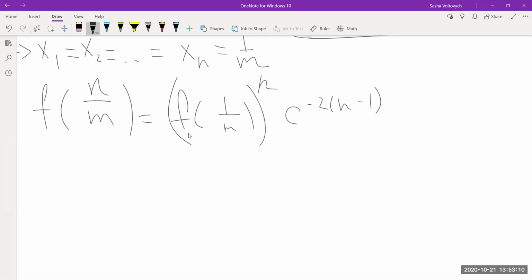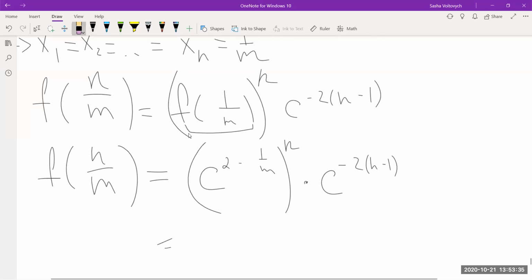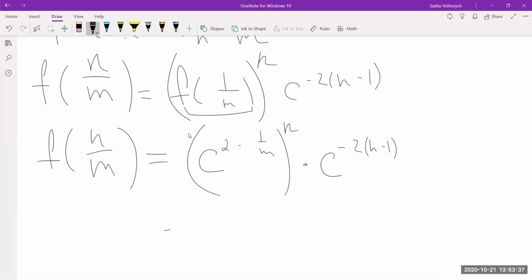So we already know what this guy is equal to, right? So then f of n over m is equal to c to the power 2 minus 1 over m, to the power of n, times c to the power minus 2n plus 2, which is equal to c to the power 2n minus n over m times c to the power minus 2n plus 2.